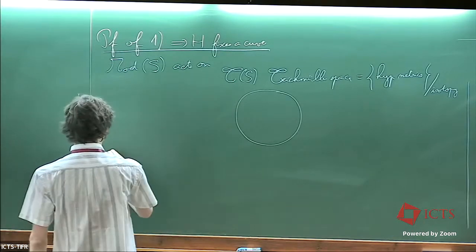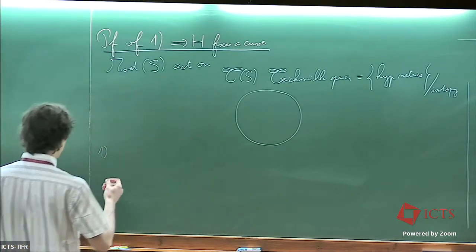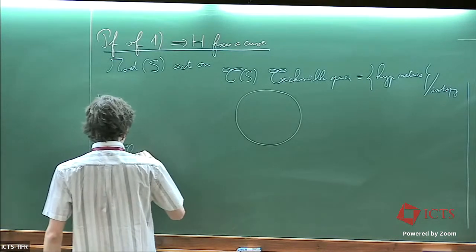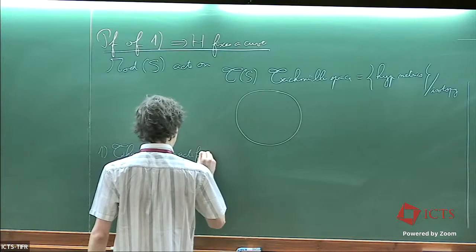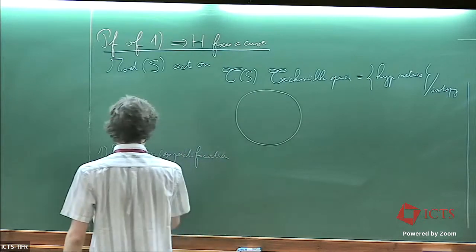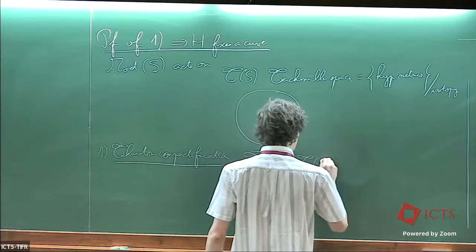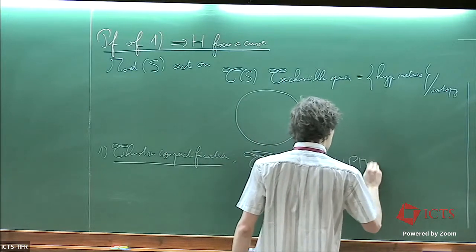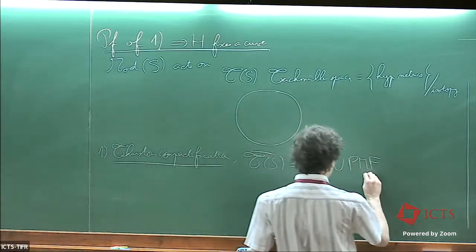And the thing is that Teichmüller space is not compact, but it has a good compactification that was constructed by Thurston, where you add at infinity the space PMF of projective measured foliations.